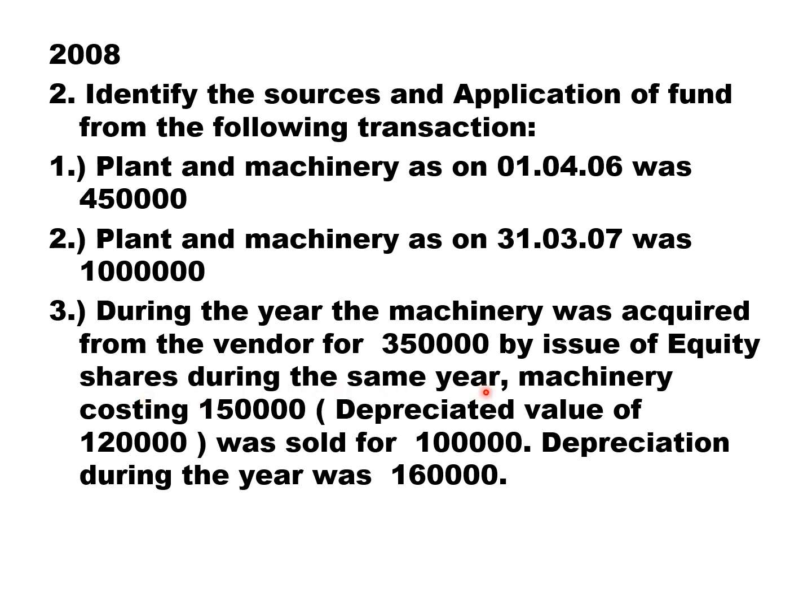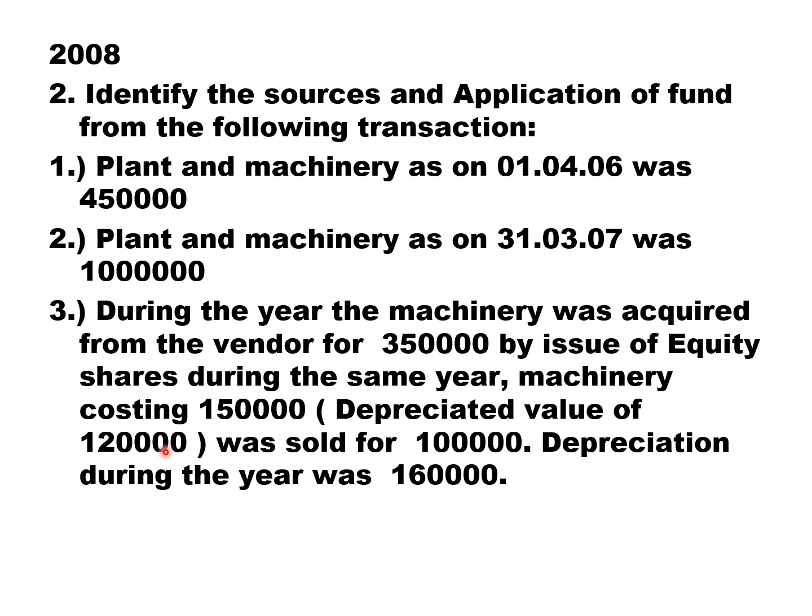During the same year, machinery costing rupees 1,50,000, depreciated value 1,20,000, was sold for 1 lakh. So depreciated value, it's not depreciation value, it is depreciated value. That means after depreciating, the value is 1,20,000.